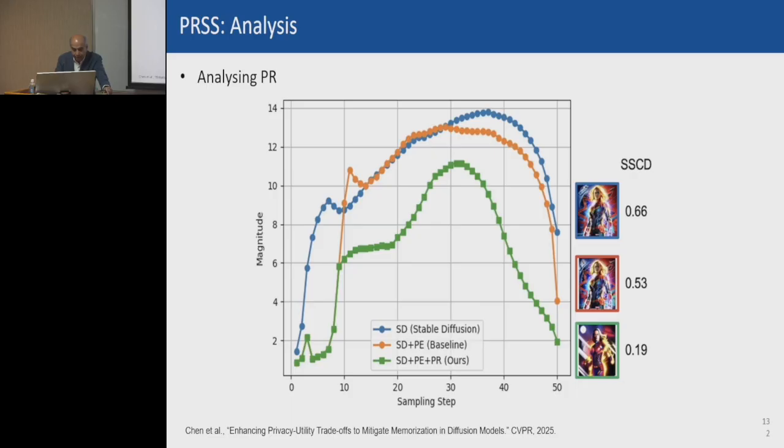And this is showing prompt engineering with the prompt re-anchoring, shown in green, which is better, as you see from the numbers. It goes from 0.66 down to 0.19, which is good, meaning it doesn't have memorization.